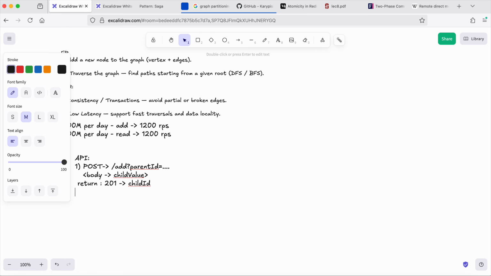And we should also try to do the traverse and find, some GET, and that's about some find, and I would like to add here some vertex ID, and return the value. So like that.